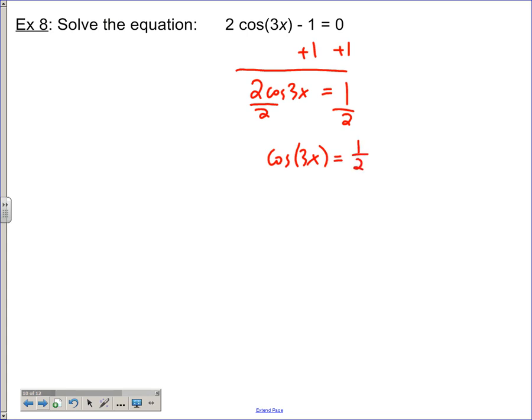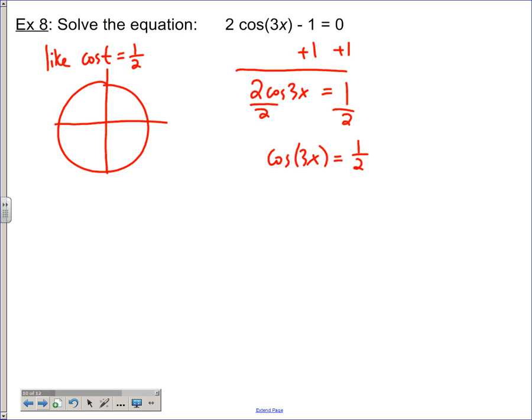All right, so we're going to relate this. It's kind of like cosine of t equals 1/2, which we know that would be true at pi over 3 and 5 pi over 3. But instead of our angle being t, our angle is 3x.